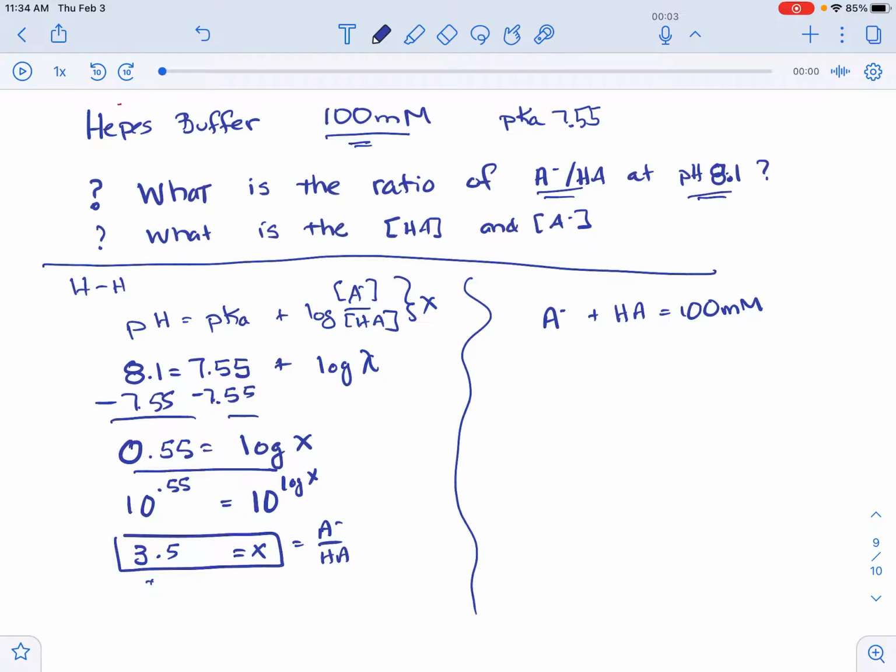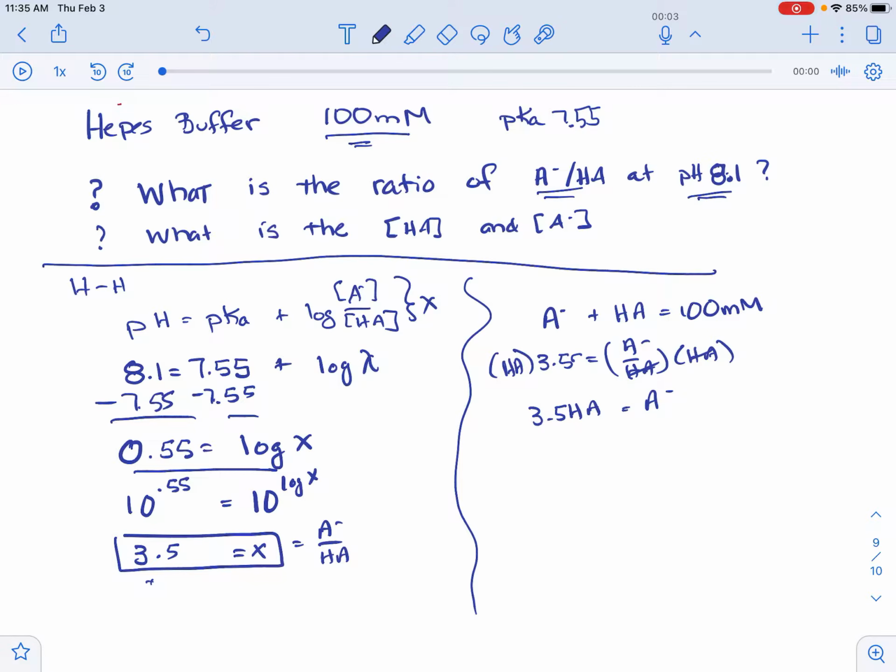So if I multiply both sides by HA, I can get an expression for the concentration of A minus. This side is equal to A minus, and then I have 3.5 HA.